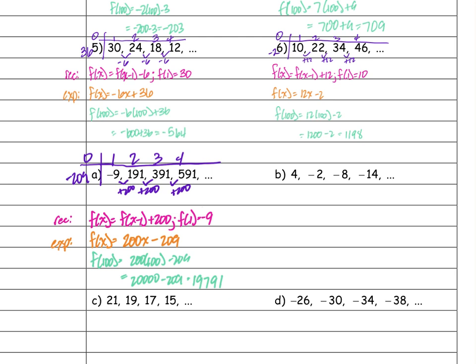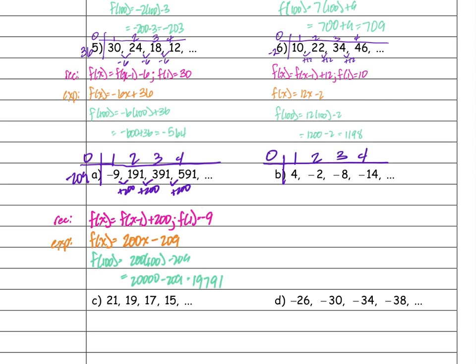Okay. So I'm going to go ahead and do B, and when we move on to C and D, you can try again on your own. Is that okay? So here we go, making a table again. 1, 2, 3, 4.